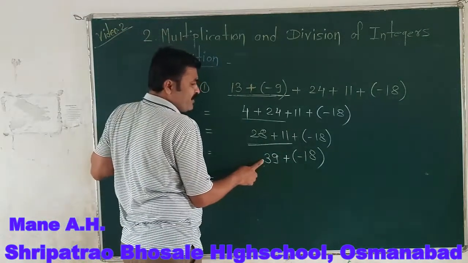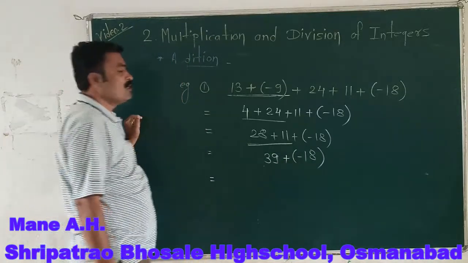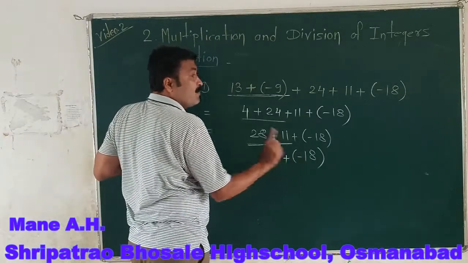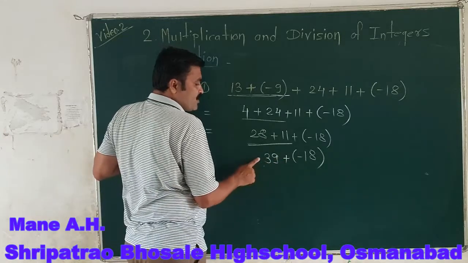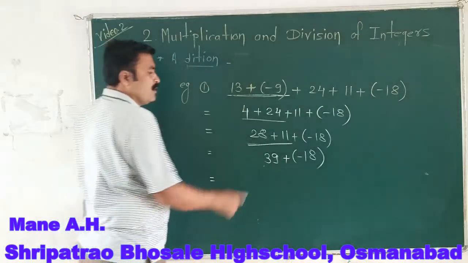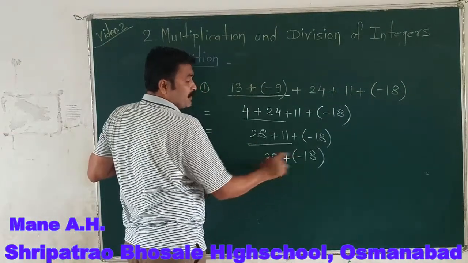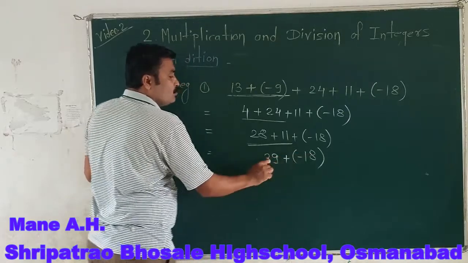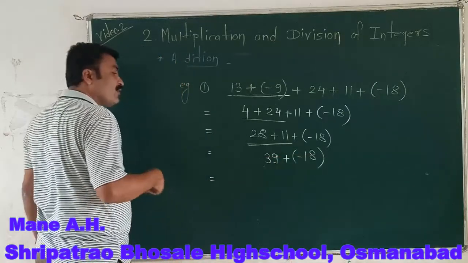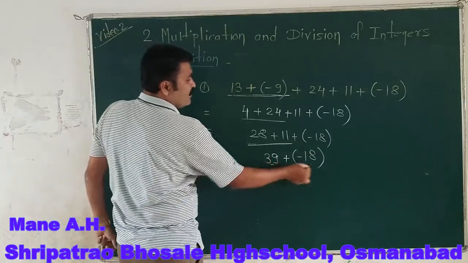So here 39, this is positive integer, and minus 18, this is a negative integer. So in this both are symbolically opposite numbers. चिन्हांचा विचार जर केला तर दोन्ही विरुद्ध संख्या आहेत, म्हणून दोन्ही विरुद्ध संख्या असतील म्हणजे प्लस मायनस असेल ॲडिशनमध्ये, तर या दोन इंटिजर्सचा जो मॅग्निट्यूड म्हणजे चिन्हविरहित किंमत आहे त्यांच्यातला फरक घ्यायचा आहे.